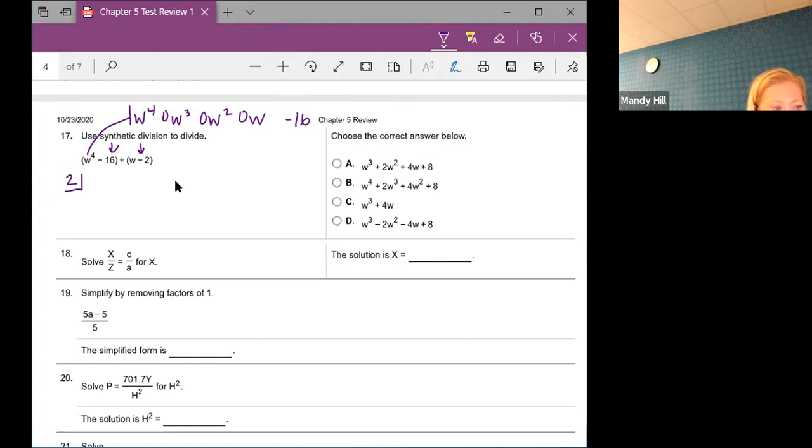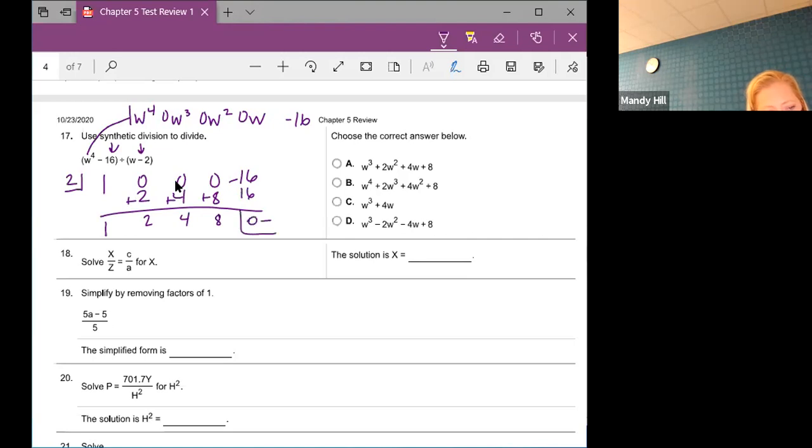So we're going to do 1, 0, 0, 0 to hold those spots, and then we can put our minus 16. Bring down our 1. 1 times 2 is 2. Add those. 2 times 2 is 4. Add these. 4 times 2 is 8. Add those. 8 times 2 is 16. Add these.